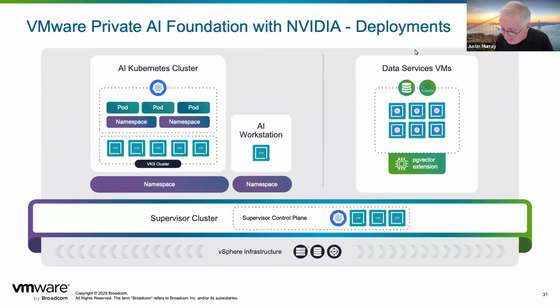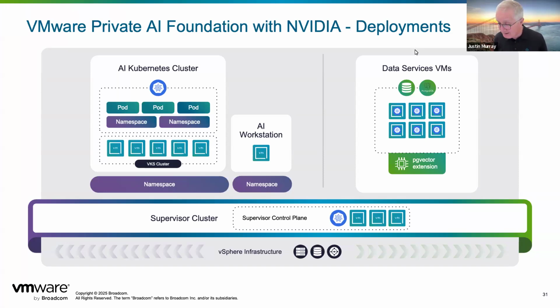And how do we do this? Well, on top of the VMware infrastructure that makes up VCF, VMware Cloud Foundation, we enable the supervisor. The supervisor is itself a Kubernetes cluster, as you possibly know, but it's a special Kubernetes cluster whose job is supervising other things, supervising AI workstations or supervising AI Kubernetes clusters, of which there will be many.